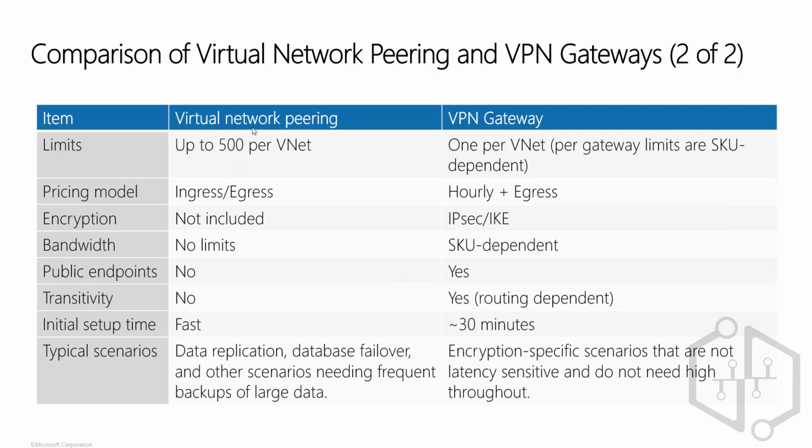So if you look at virtual network peering, the use cases over here would be data replication, data failover, database failover scenarios, right? Whenever you have frequent large backups of information. Whereas VPN gateway is for applications which are not latency sensitive. Now that is a difficult thing to ask in today's environment, right?